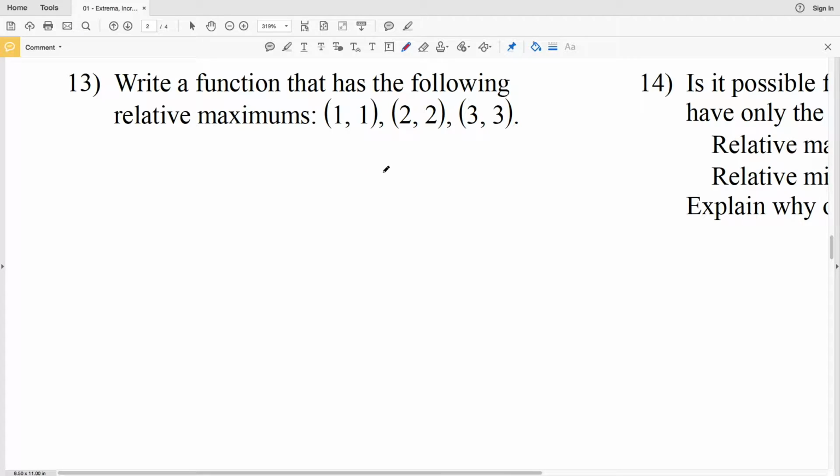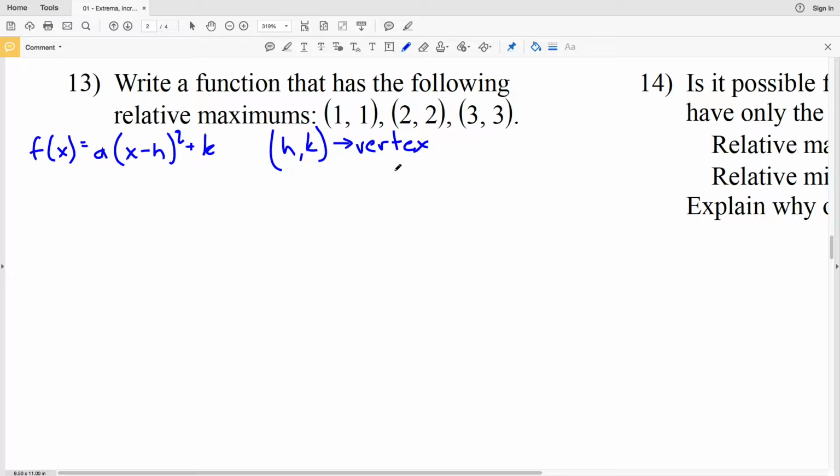If you remember vertex form of a parabola, we have the function f of x, and that's going to equal a times (x minus h) squared plus k. Now in this form, (h, k) is the vertex of the parabola.